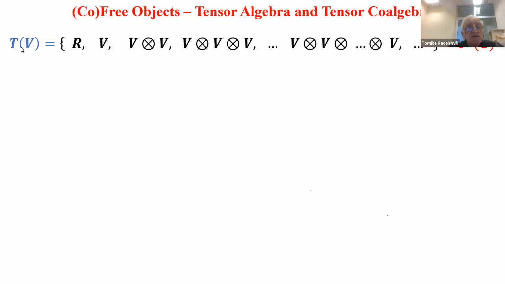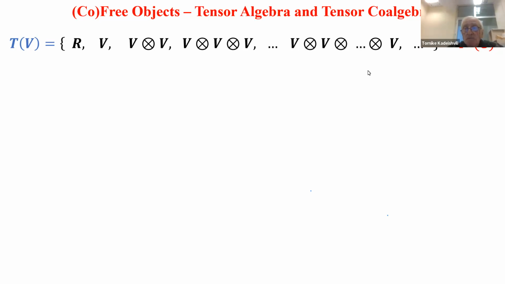And this is called the tensor algebra. I'll show you how to multiply here. It is not the usual story: algebra and coalgebra normally are different, but this is an exception. In this case, the same object plays the role of free algebra and cofree coalgebra, the tensor coalgebra.